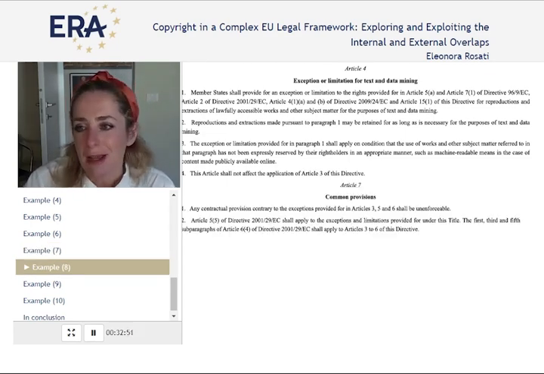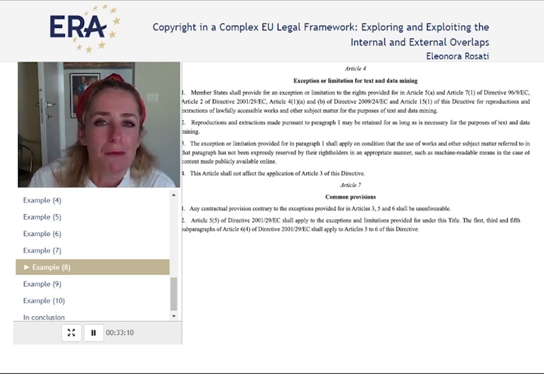On top of all this, I would say that it might not be enough to determine the lawfulness of these activities just to look at the conditions for a certain exception, because also the text and data mining provisions of the DSM directive require compliance with the three-step test.